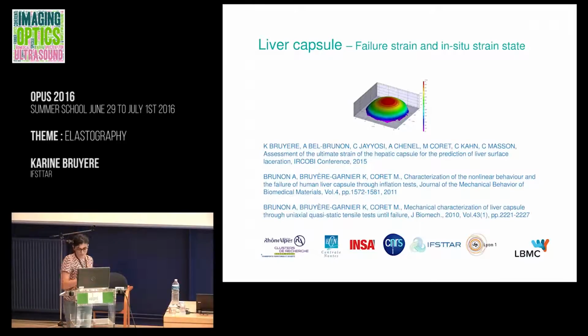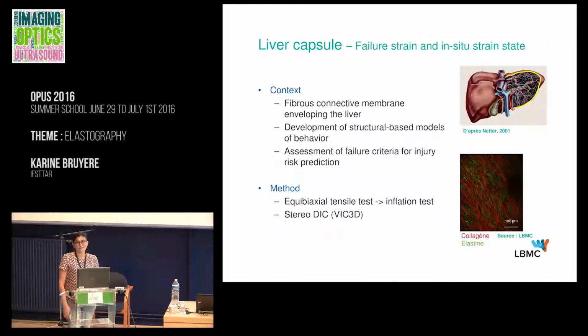On the liver capsule, the context and the objective of the study are quite close to those on the skin. We are interested in fibrous connective membranes, and the liver capsule is a membrane made of fibers of collagen and elastin, as you can see on the right at the bottom.